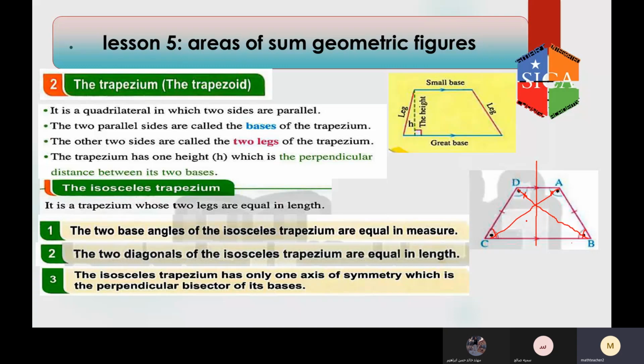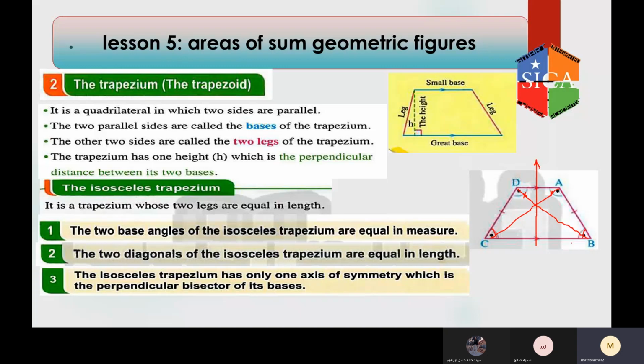Here, this is the axis of symmetry because it divides the isosceles trapezium into two congruent figures. This line is called the axis of symmetry.